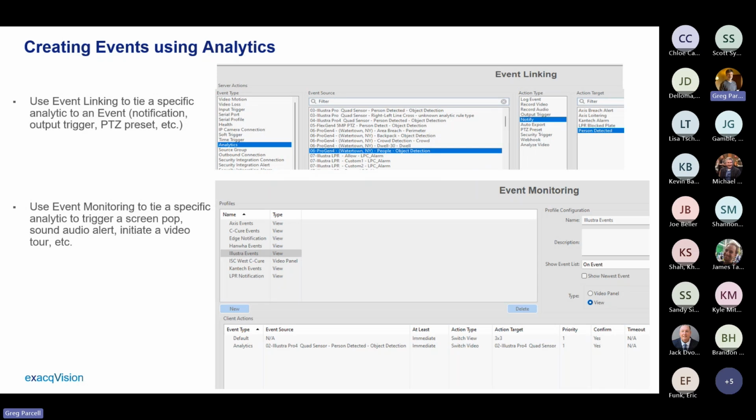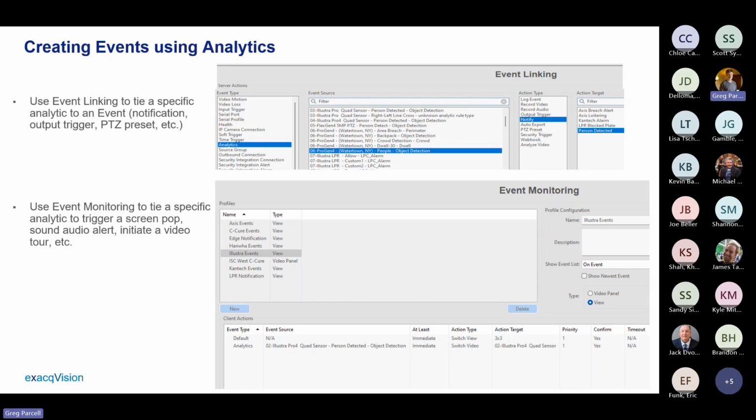I can put a message with that. I can force them to acknowledge it. There's many different things I can do. And at the same time, I could do the email notifications and the text notifications, and I could trigger an IO port on an alarm or a light, whatever I wanted to do. So again, we have a much deeper dive into creating events. I just wanted to highlight that.